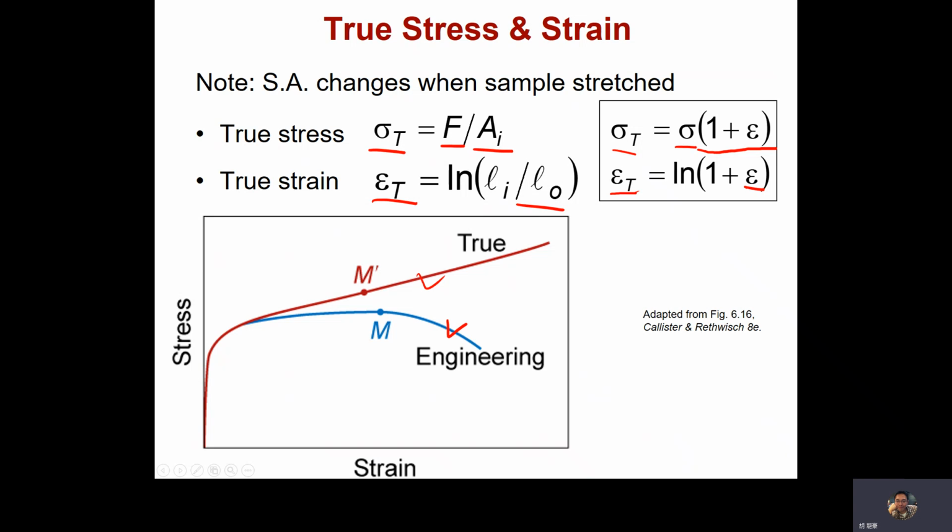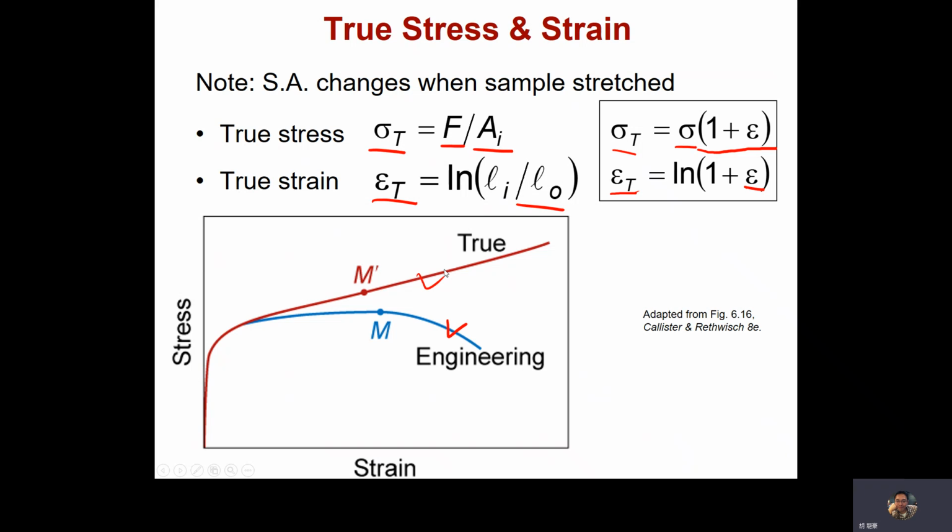Maybe you would ask, which one is more useful for industrial application? As I said, the true stress and strain are difficult to measure.